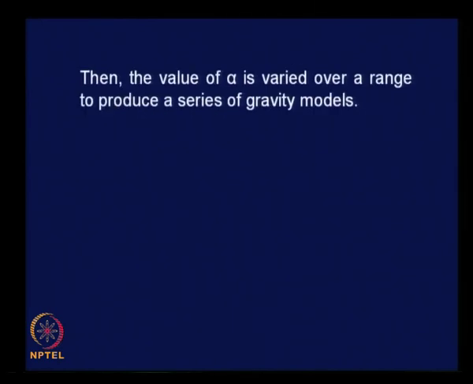Then the value of alpha is varied. This process is based on one initial value of alpha that we assume, and we are not sure whether that alpha is perfect or representative of the field condition.